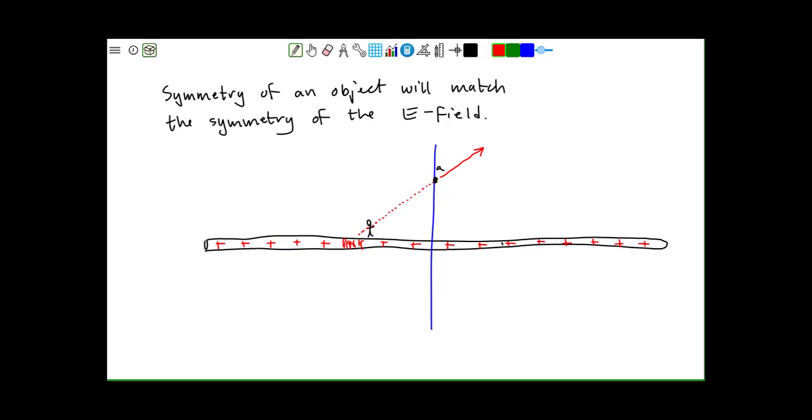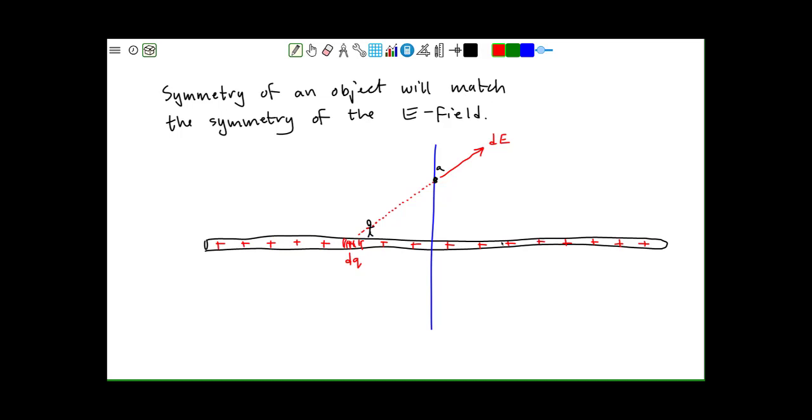So if this is a tiny bit of charge, which I'll call dq, then this is a tiny bit of electric field. But remember, cylinders are symmetric about any axis that passes through its middle if the cylinder is long enough. So in this case, the cylinder is infinitely long.